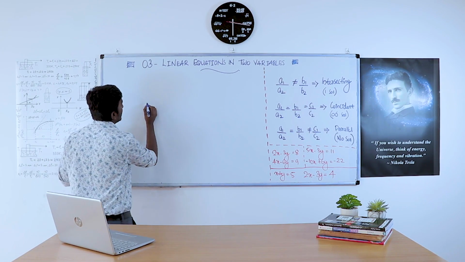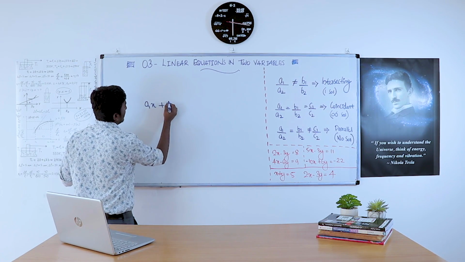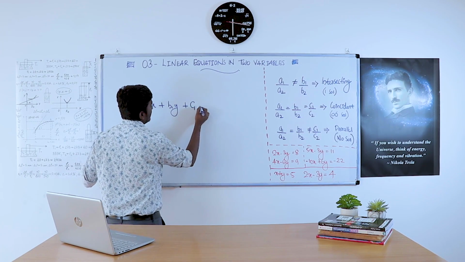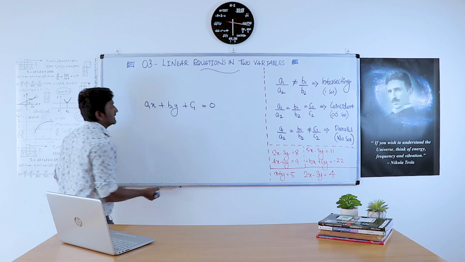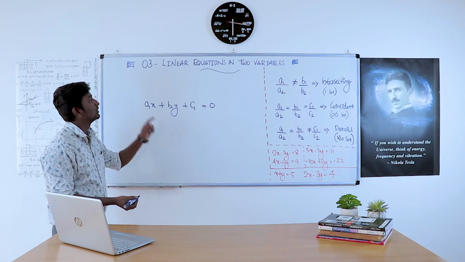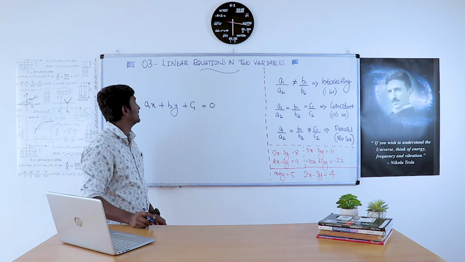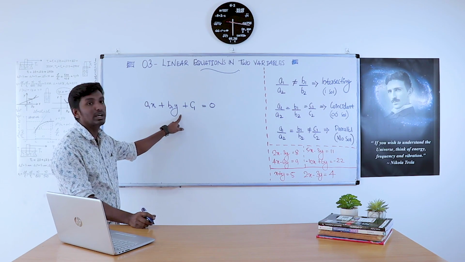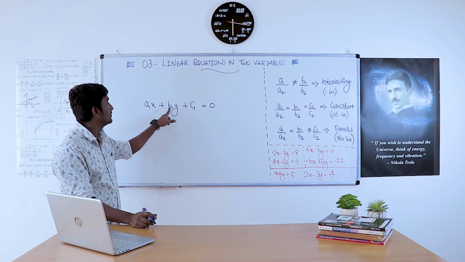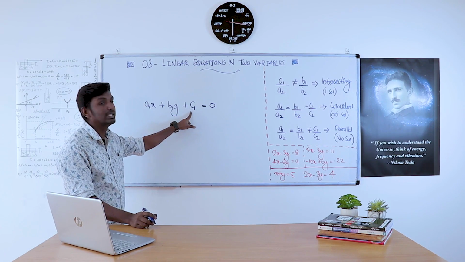The general form can be written as a1x plus b1y plus c1 equal to 0. Here the variables are x and y. The coefficient of x is a1, the coefficient of y is b1 and the constant term is c1.